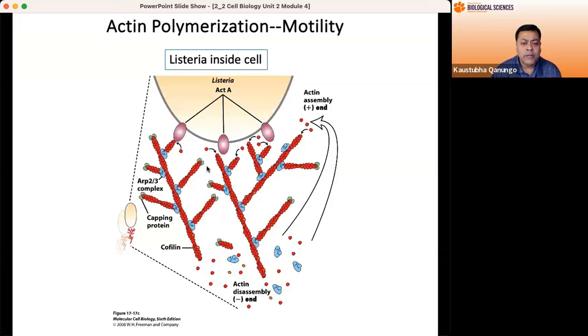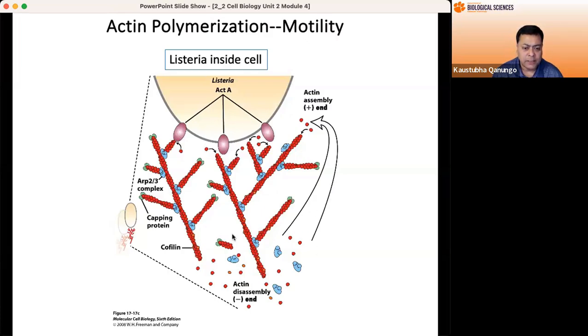There is a protein associated with that known as ActA. ActA is a protein at which active polymerization of actin can happen. And these are your Arp2/3, and you see branching, and these are the adding. So just think about this actin as a staircase: ActA is building that staircase and climbing on top of that.